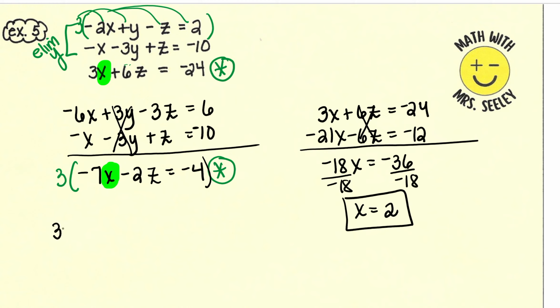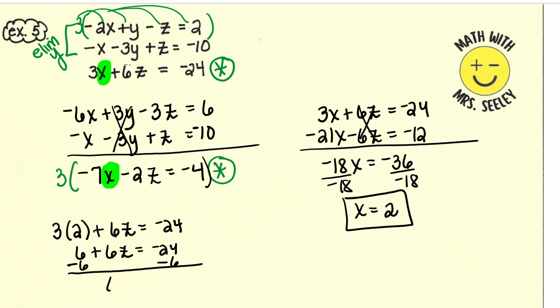So I'll say 3, but where x is 2, plus 6z is equal to negative 24. 6 plus 6z is equal to negative 24. Subtract your 6. 6z is equal to negative 30, and z is equal to negative 5.